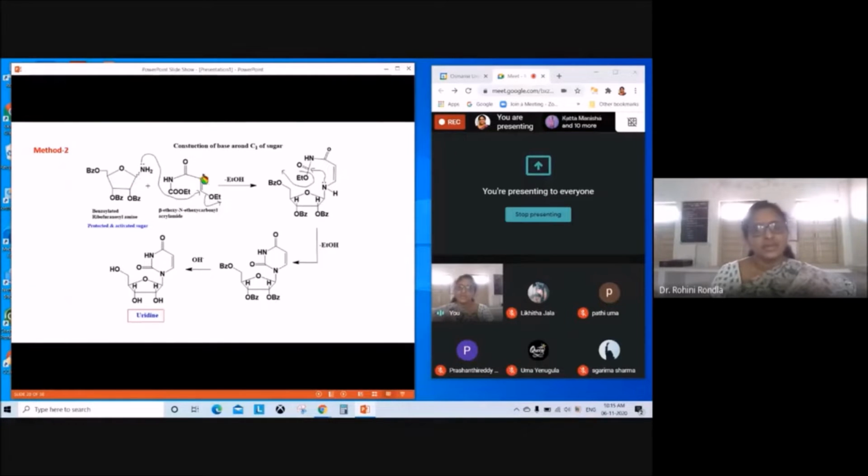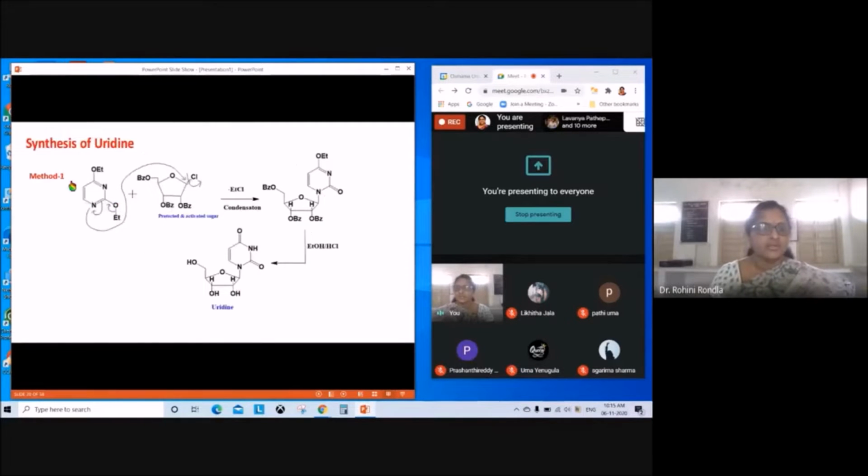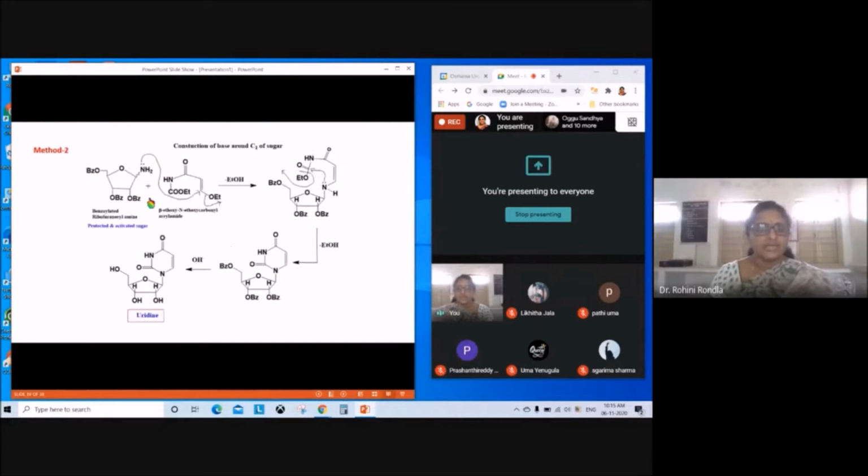Okay, because here we have changed the another precursor. Starting material is changed. ఇంతకు ముందు చూడండి, in the first method we have taken uracil derivative. Okay, but in the second method we have taken beta ethoxy N-ethoxy carbonyl acrylamide. Acrylamide అంటే ఏంటమ్మా? Acrylic acid అంటే మీకు ఐడియా ఉందా?